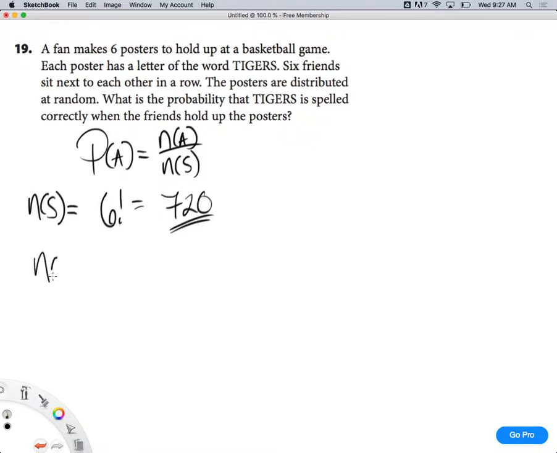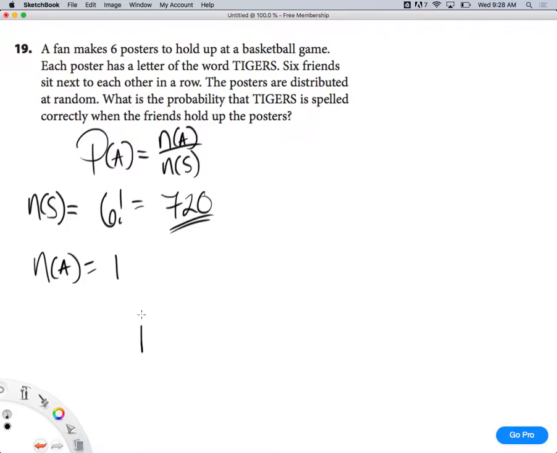Now, number of elements in A. I should check for repetition, but there's no repetition. How many things am I interested in? How many orders? 1. There's only one way to spell Tigers correctly, so it's just 1. There's 720 different orders that these people could randomly sit in, so NS is 720, but there's only one way that I want them to sit.